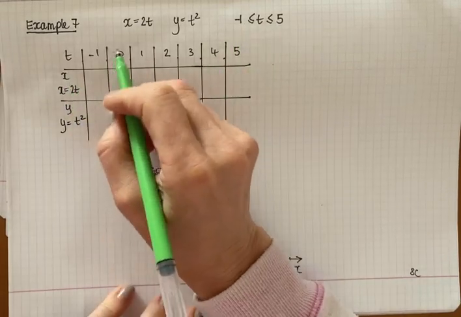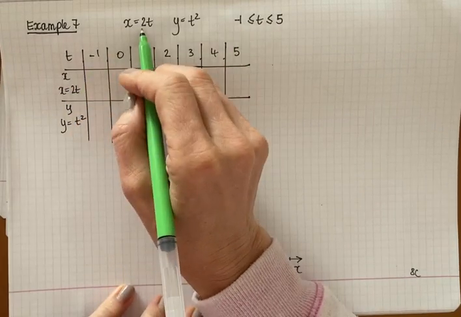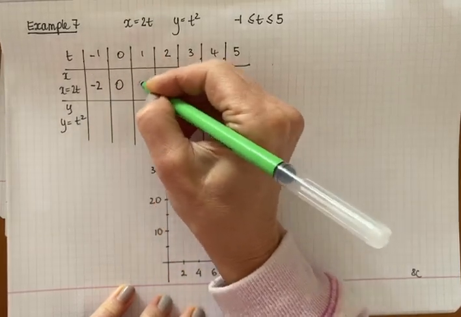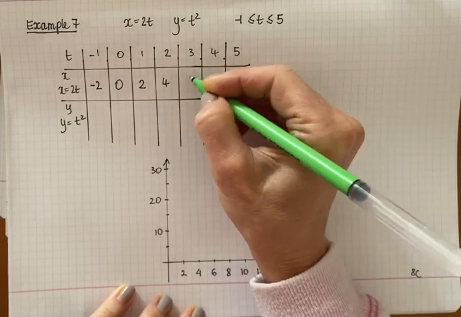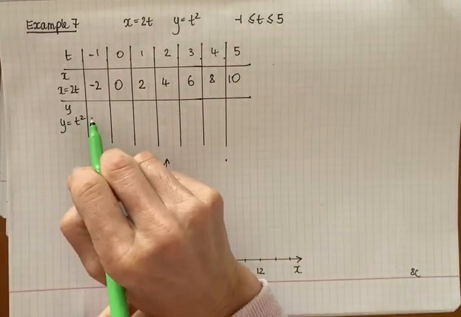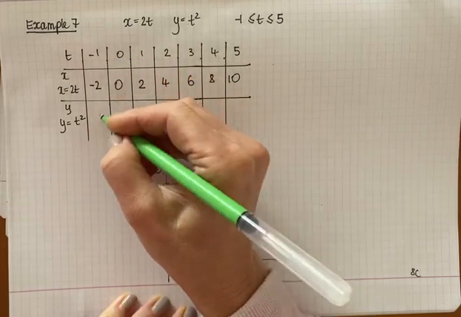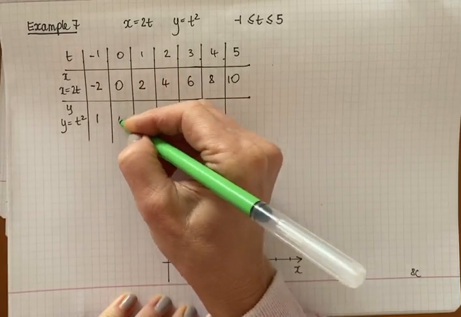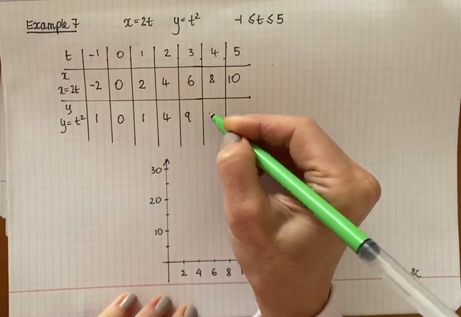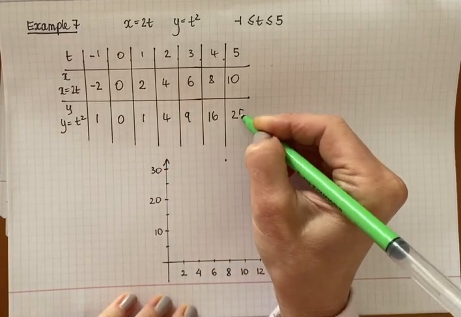So let's find the values of x. When you put -1, that's -2, then 0, 2, 4, so it's double those numbers, 8, 10. These are my values of x and the y values: -1 squared, which is 1, 0 squared, 0, 1, 4, 9, 16, and 25.